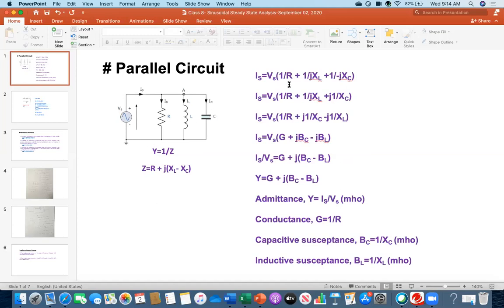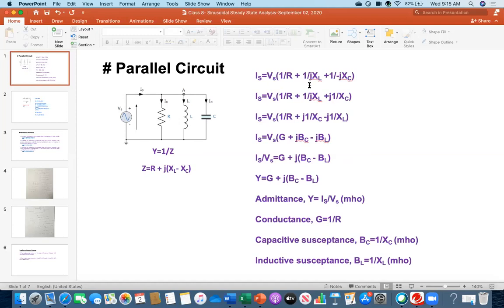So Is is Vs over R, plus the other terms. Instead of writing Vs over each component three times, I just take them in parentheses. Vs is common for all three components, and then it is 1 over R here.